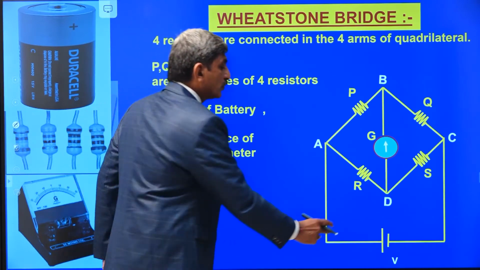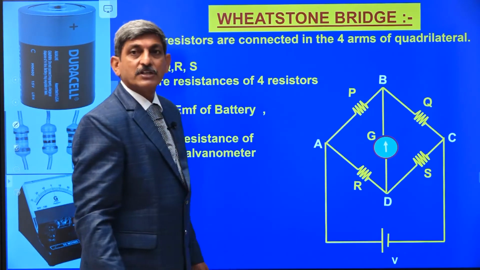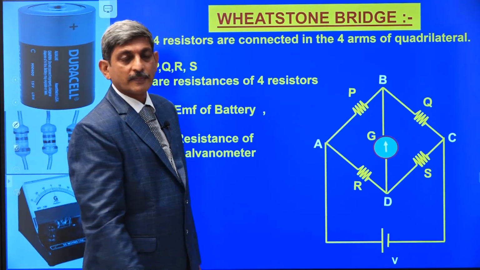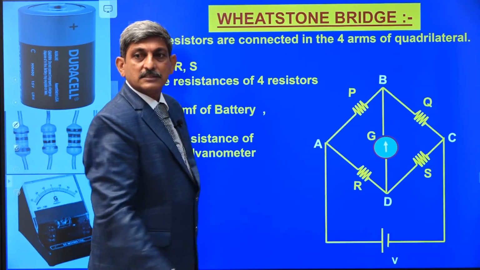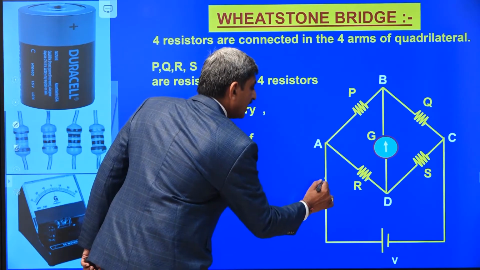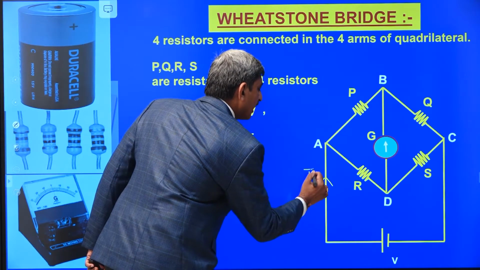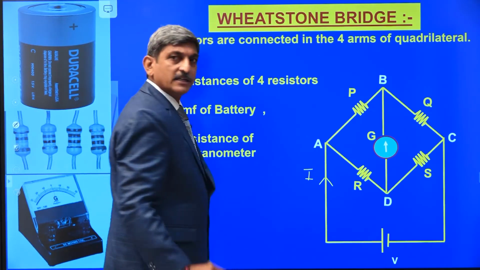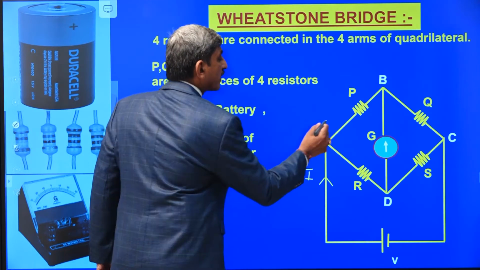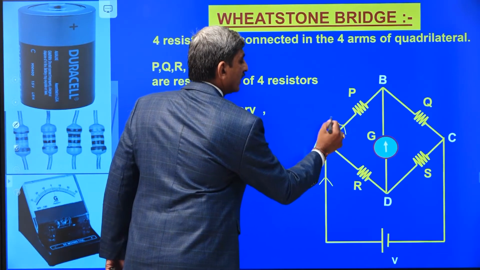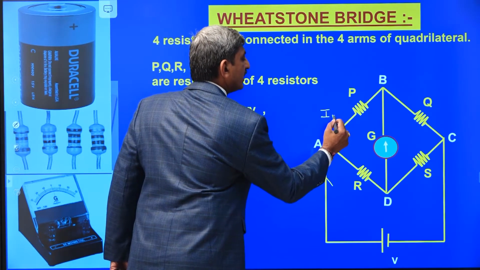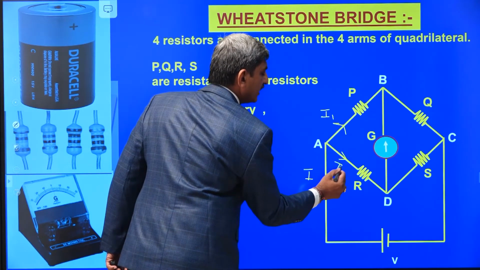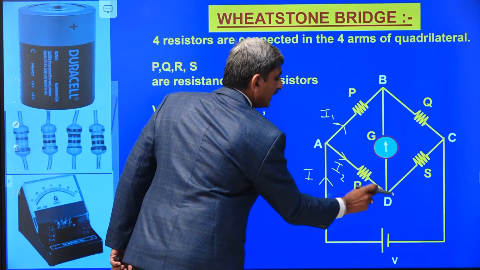Here, due to the connection of the battery, we know that currents are flowing in the different branches. Let us assume that I is the total current drawn from the battery. At this point A, the total current divides into 2 branches. Let I1 be the current flowing in the AB branch and I2 the current flowing in the AD branch.